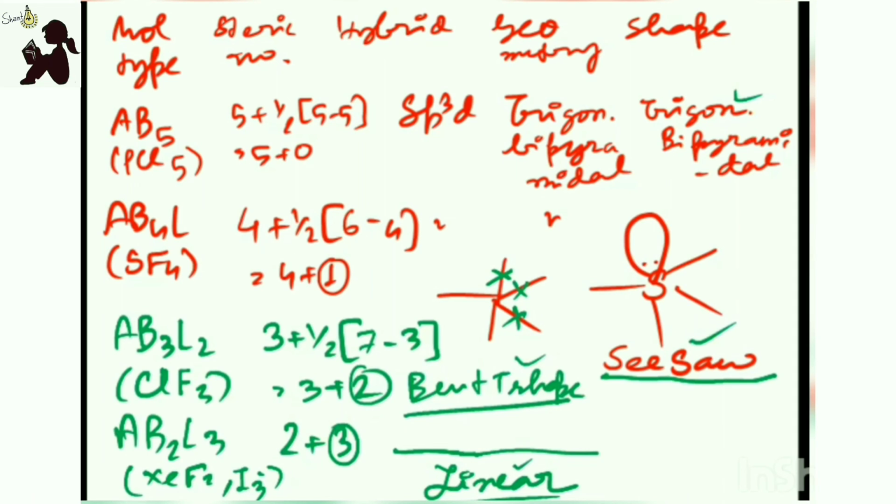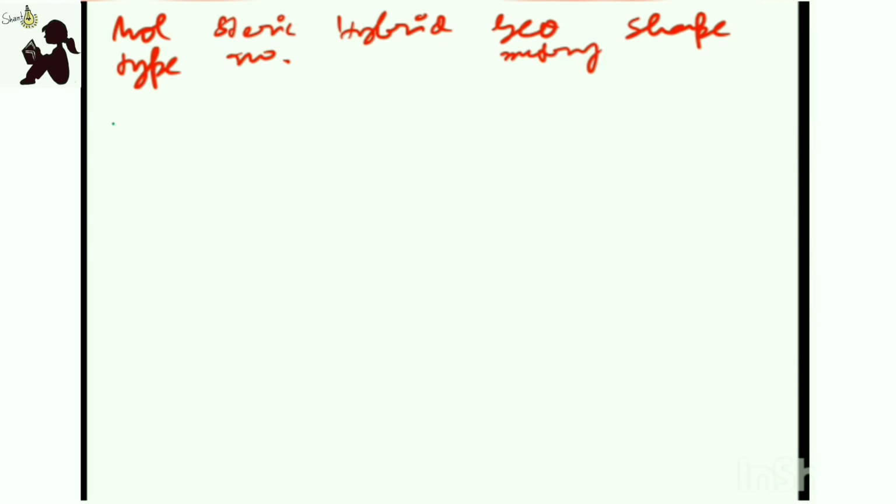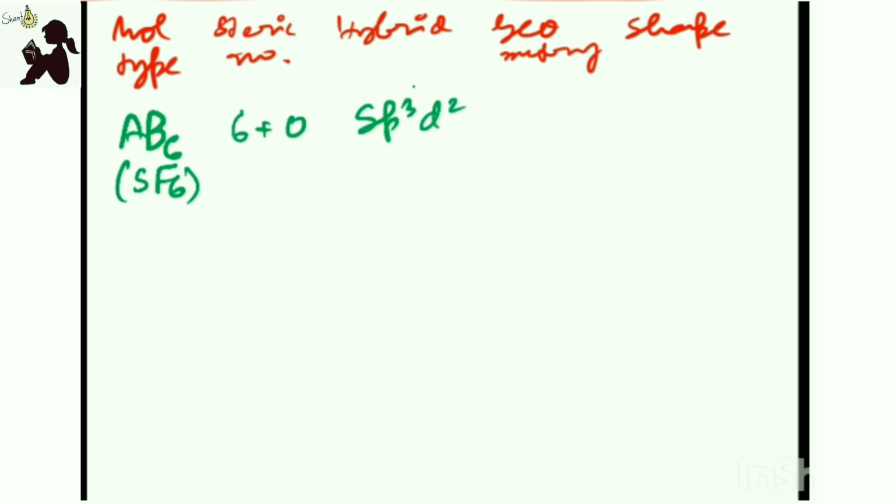So let's see the next type. That is our AB6 type. So its steric number is, let us see an example. SF6 we all know. So it will come 6 plus 0. Hybridization we all know. It will be sp3d2. So what will be the geometry? That will be octahedral, also called square bipyramidal.